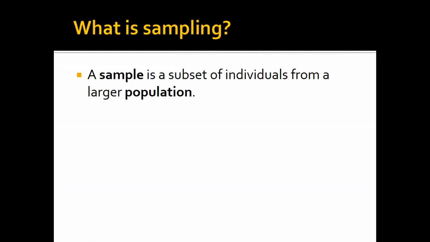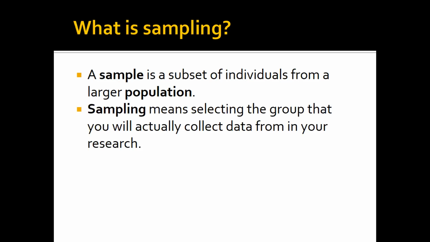As you have seen in the previous picture, a sample is a subset of individuals from a larger population. The population is large and you want to find a subset of it in the form of a sample so that your study is manageable. Otherwise, as one of you rightly pointed out, it is not easy to study the whole population.